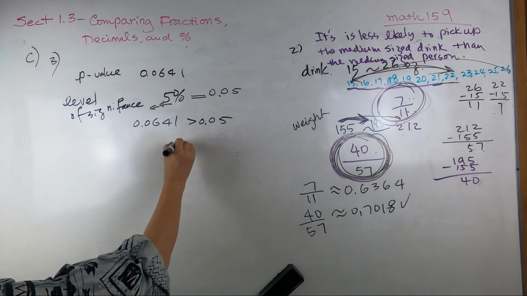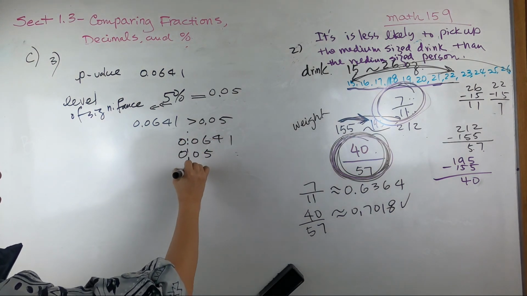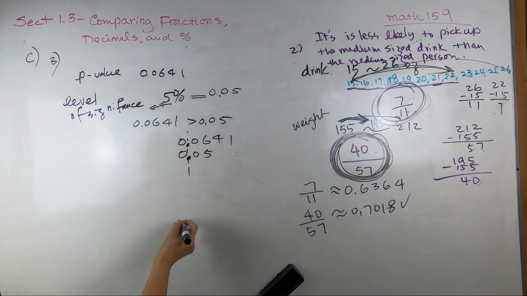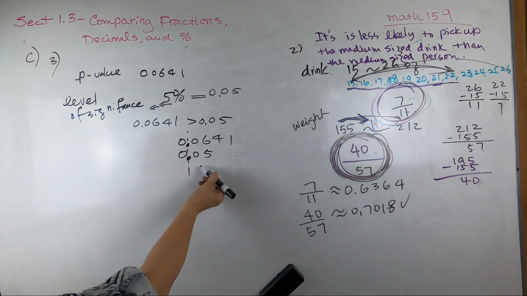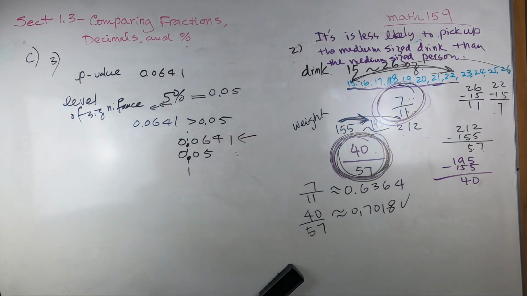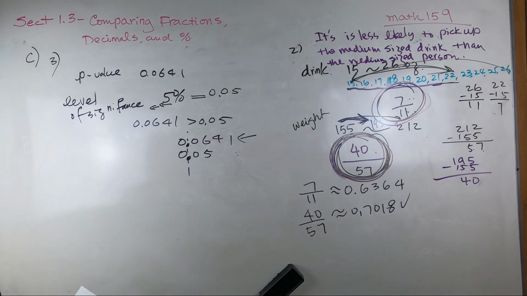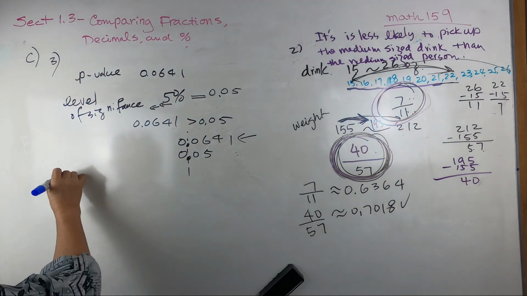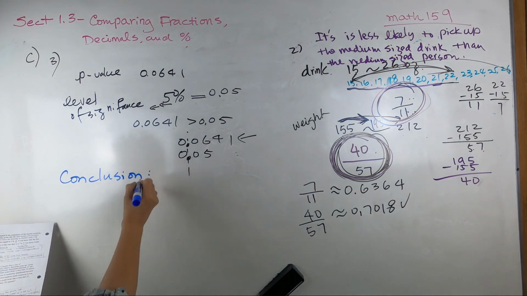How do you compare decimals? You just line up your decimal place, right? Then you compare 0, the same, 6 is bigger than 5, so this value will be bigger. You can compare. However, how you are going to answer the question for your conclusion, right? So get used to writing the conclusion in a whole sentence, right?